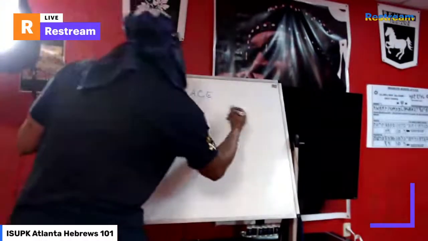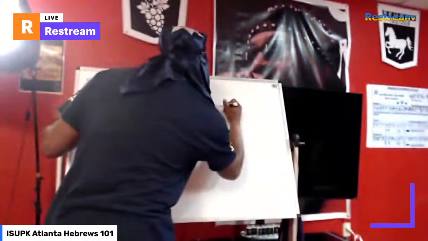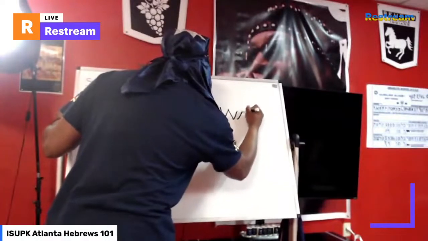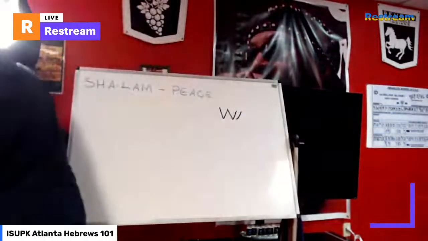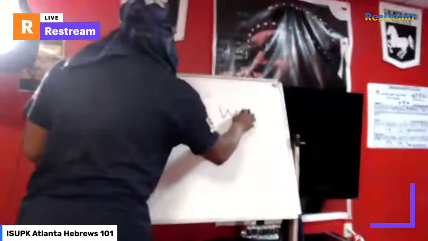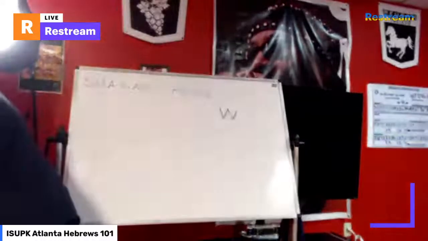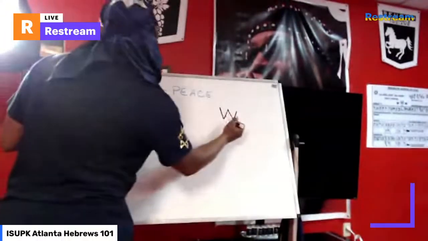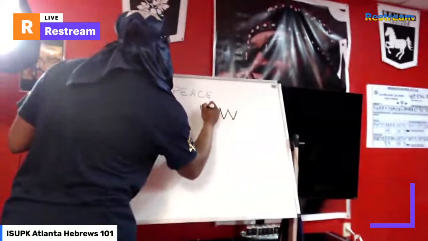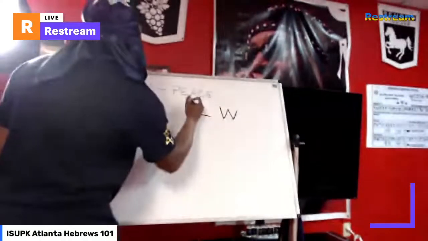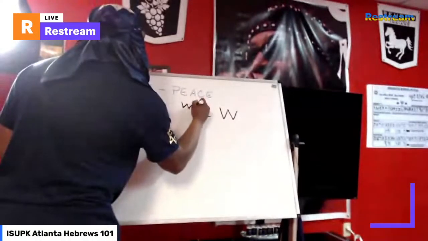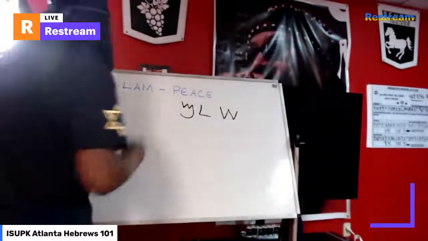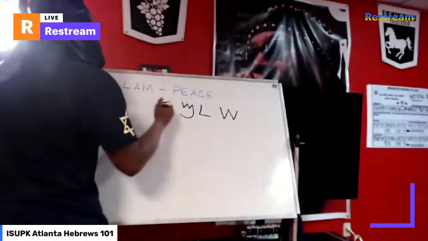Right to left. Oops, I was about to write out the pronunciation. All right. So now, right to left. Sha. La. And Ma. All right. Cool. So now we'll write it again.